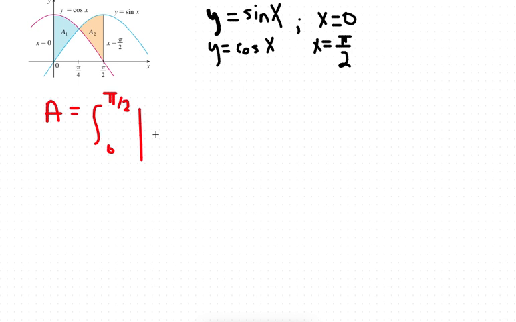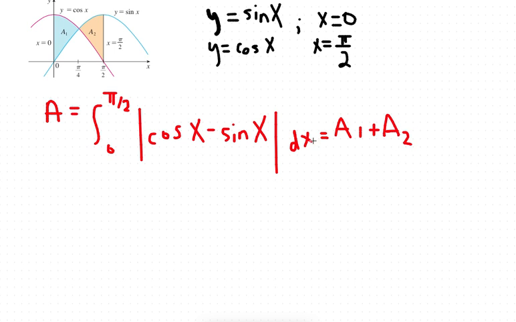Okay, so you can't actually evaluate this because we would have to split our areas up, but you would write it like this: sine x dx equals area 1 plus area 2. So this is signifying that you need area 1 plus area 2 to evaluate specifically for this question.